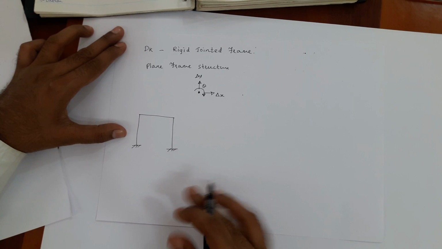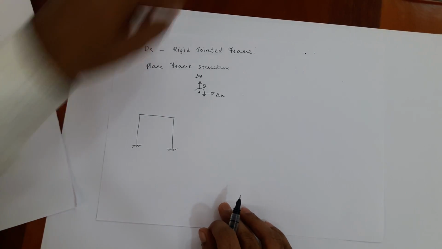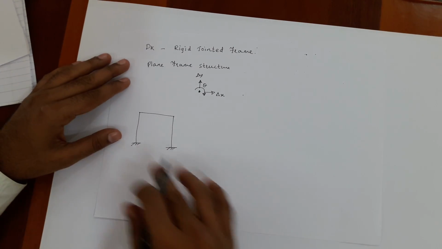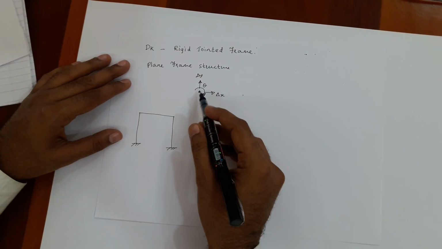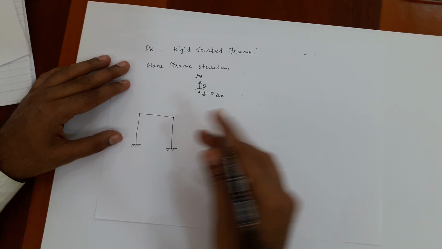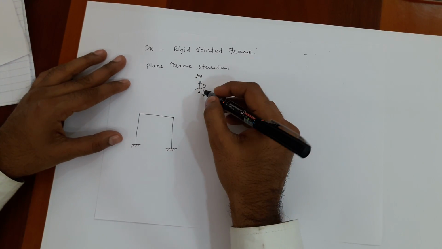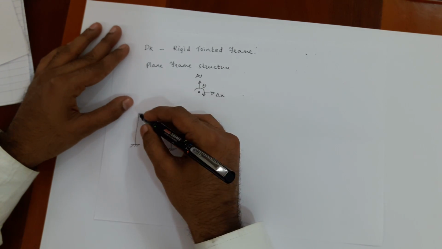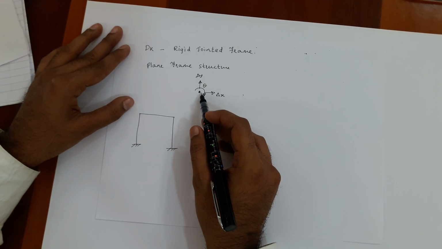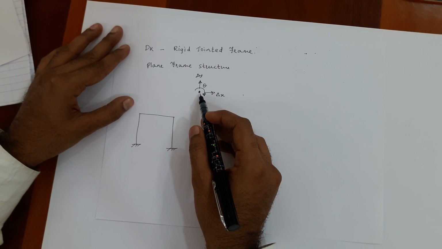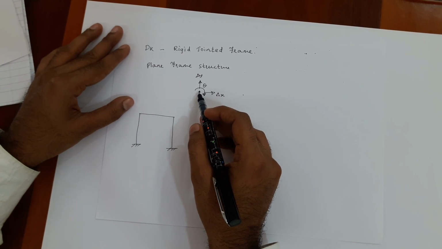Now we will see how to find the degrees of freedom for a rigid jointed frame. You take any joint of a rigid jointed frame and you can define three independent displacement components. Take any joint here. This joint can possibly deflect in the horizontal direction, it can also deflect in the vertical direction, and there is also a possibility of rotation.